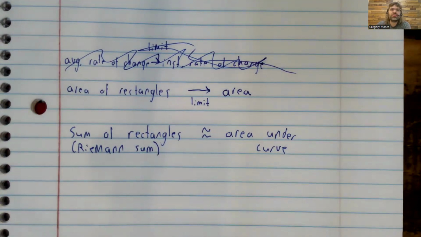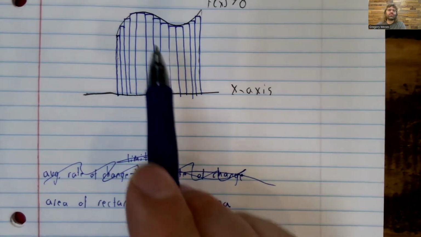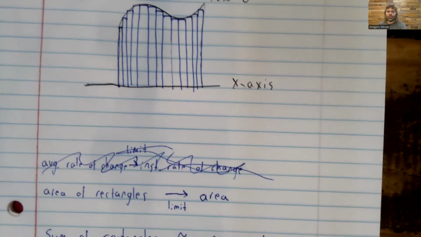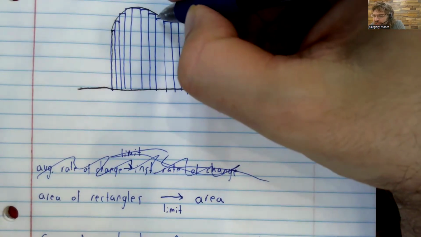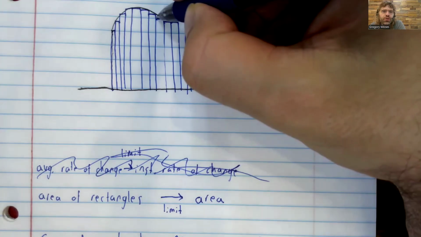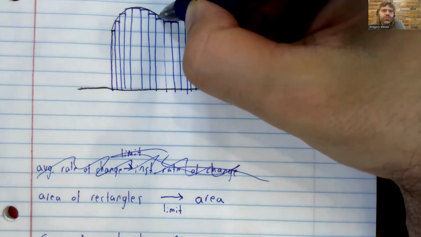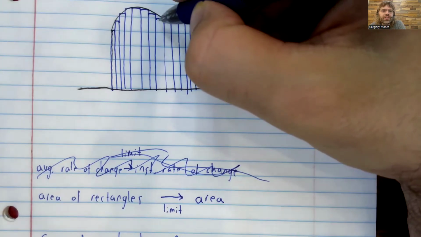We can understand this informally. But we've got this sum of rectangles. It's approximating what we want, but it's not giving us exactly what we want. The area under the curve includes a little region up here that is not in any of these rectangles.